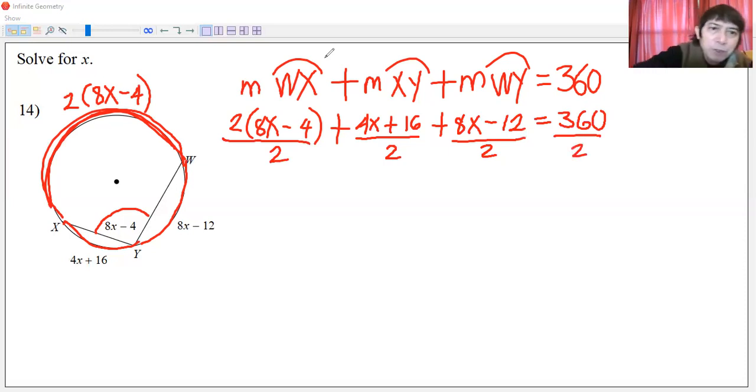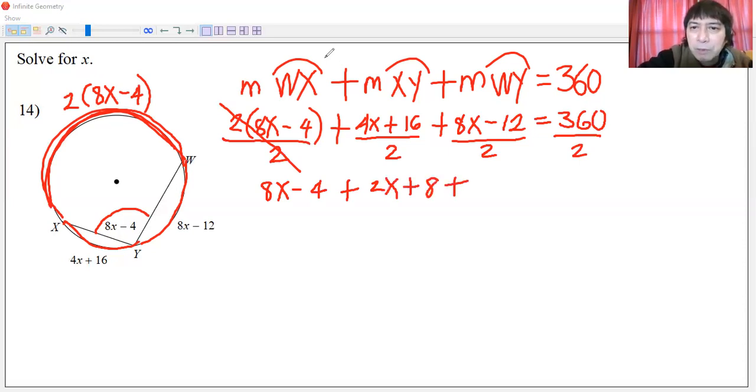This cancels out, we only have 8x minus 4. 4x divided by 2 is 2x. 16 divided by 2 is 8. 8x divided by 2 is 4x. 12 divided by 2 is 6. Equals 360 divided by 2, that's 180. All right, we have smaller numbers now.